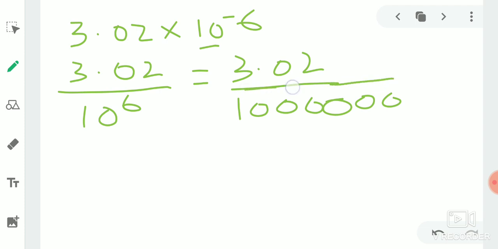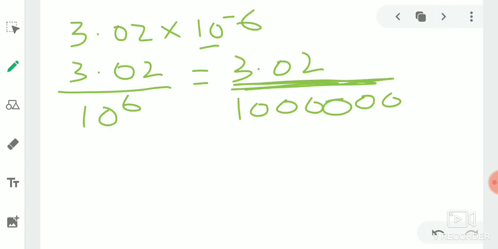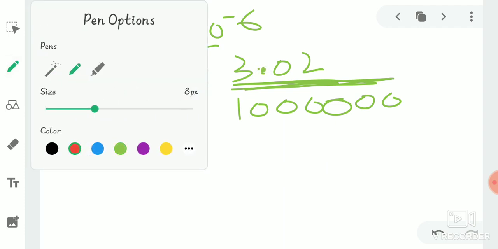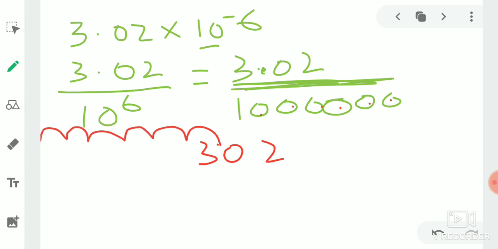Here we have division, so what will we do? For division we will take left shift. The point is here, and we have to shift that point 6 times: 1, 2, 3, 4, 5, 6. In 3, 0, 2 with the point here, I take 1 shift, 2 shift, 3, 4, 5, and 6, and put zeros here.